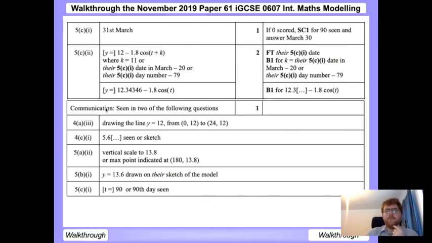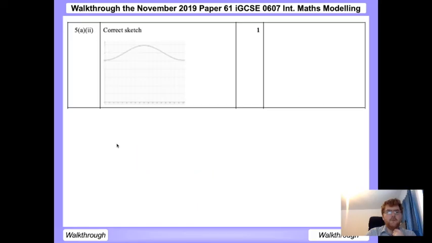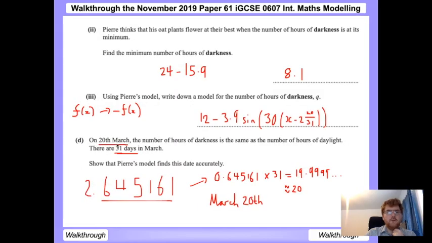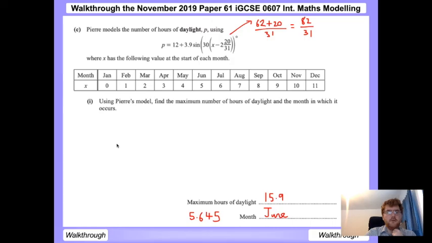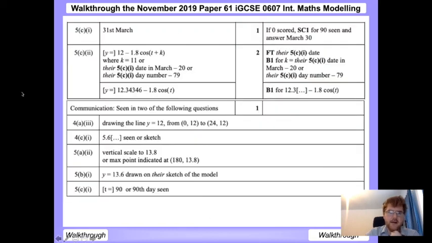Writing in 5.6 seen in the sketch. So let's go back to part C part 1. Okay, so 5.6, which I wrote down there. Because I've shown 2 of those already, I would get the communication mark just by these 2 points here.